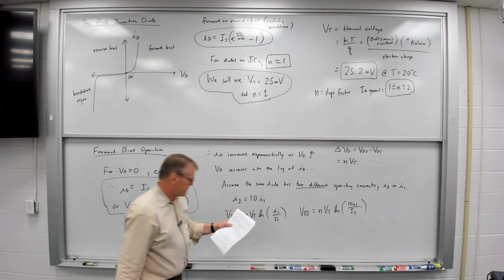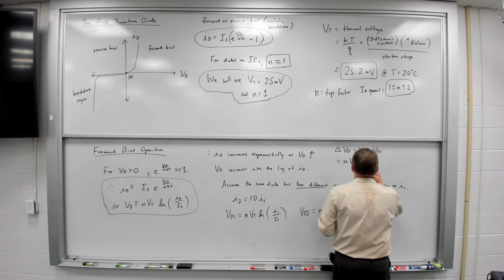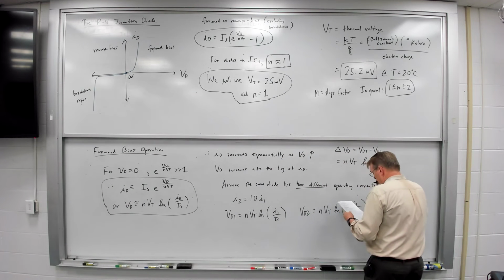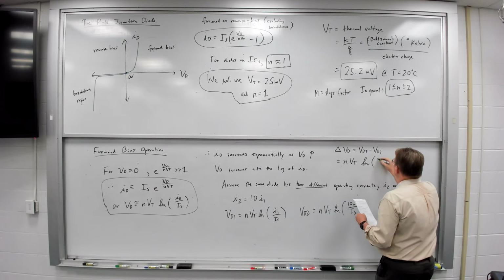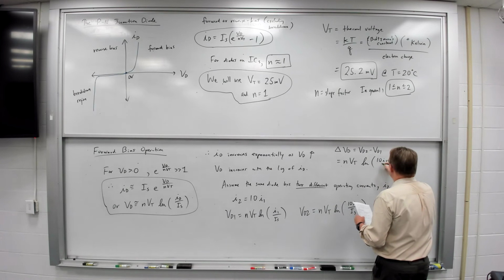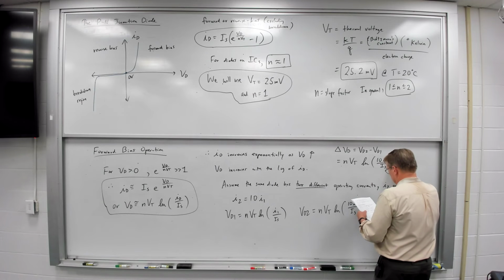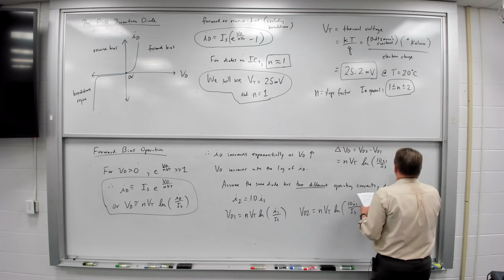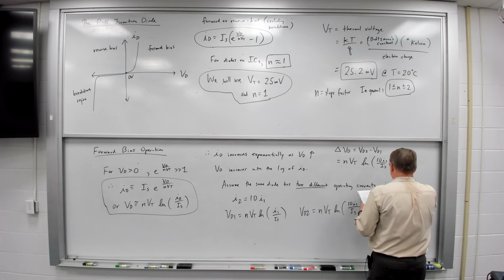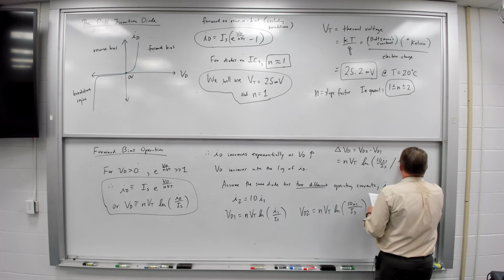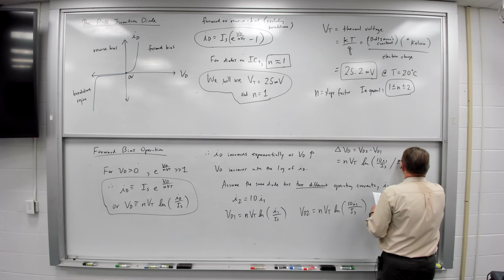So I can rewrite this as the natural log of 10I1 divided by Is, divided by I1 divided by Is.